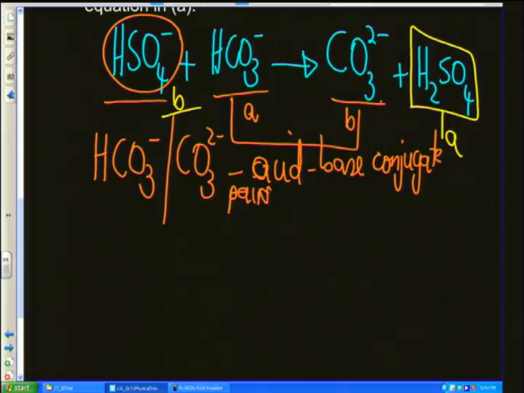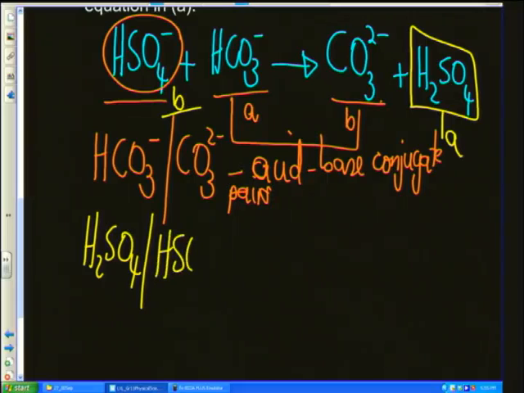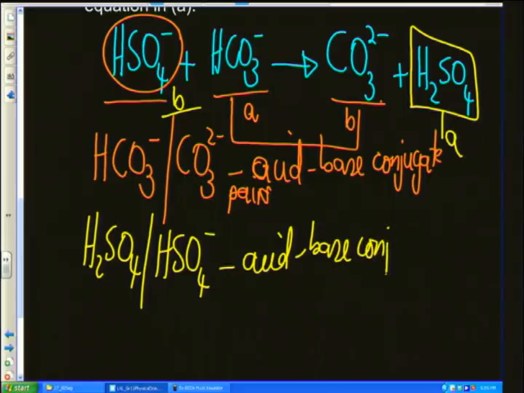So you would therefore say that H2SO4 and HSO4 minus are an acid-base conjugate pair. In fact, this is a pair, not pairs. I shouldn't have said pairs there.